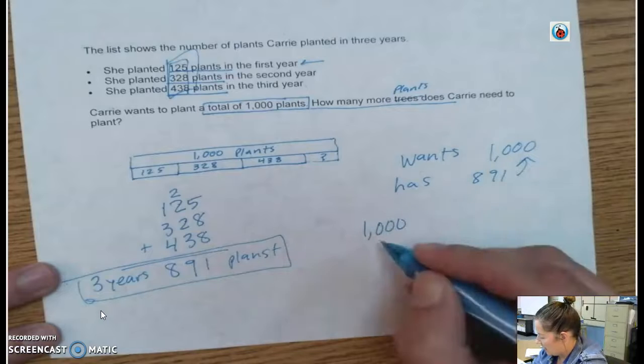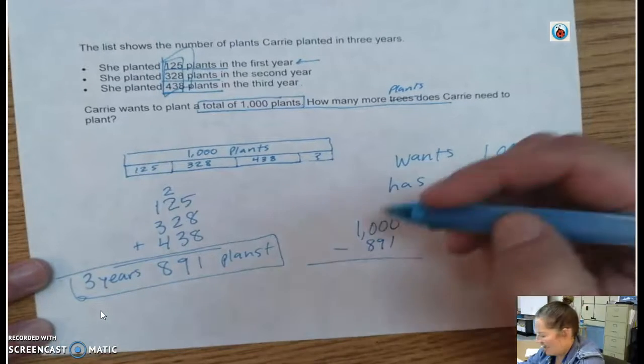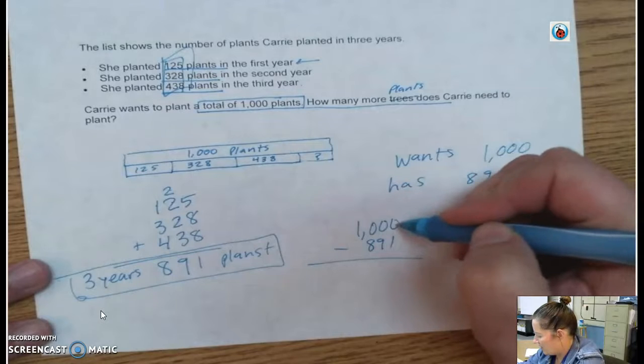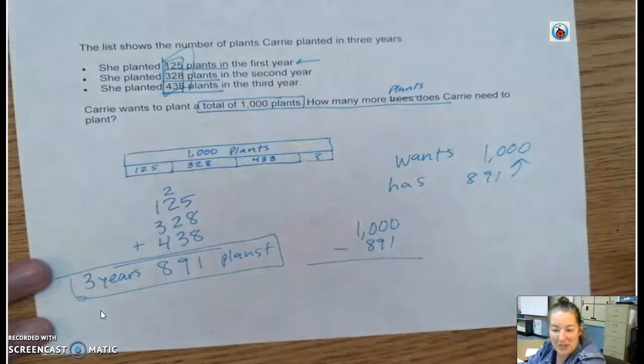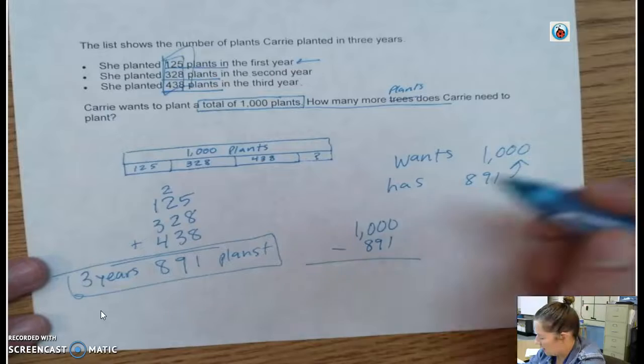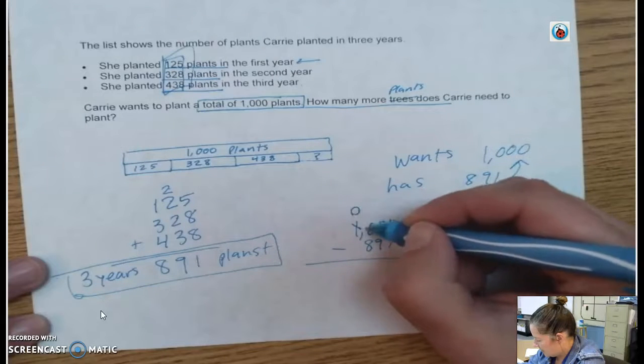So we're going to take 1,000. Let's subtract 891. Oh, but look at this. I can't do 0 minus 1, 0 minus 9, 0 minus 8. I'm going to have to do a lot of regrouping here, and that's okay. So this 1,000 becomes a 0.